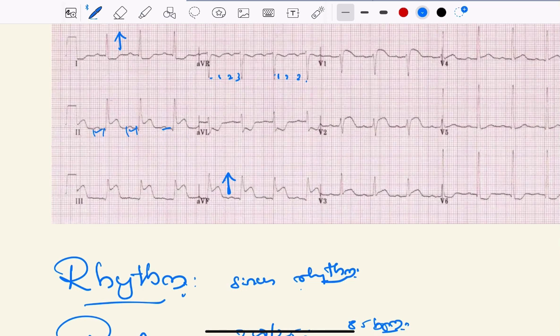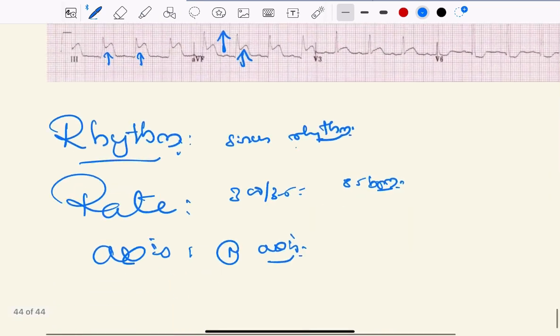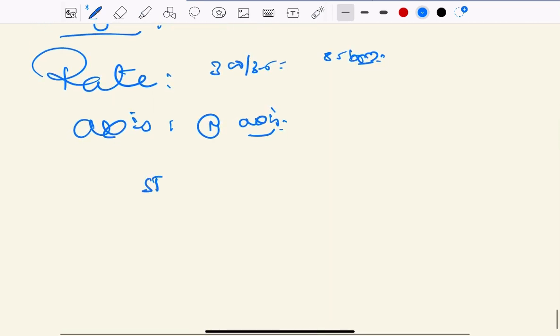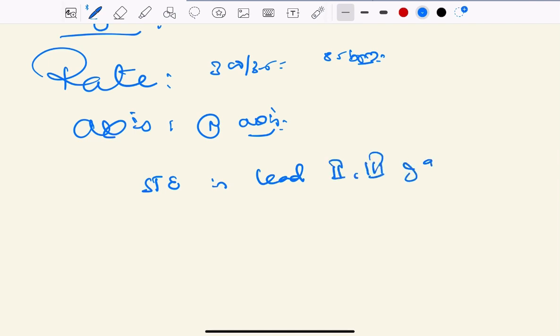And look at what happened here. ST segment is elevated in lead 2, lead 3 and lead aVF. So there is ST elevation in lead 2, 3 and aVF. So this suggests inferior wall MI.